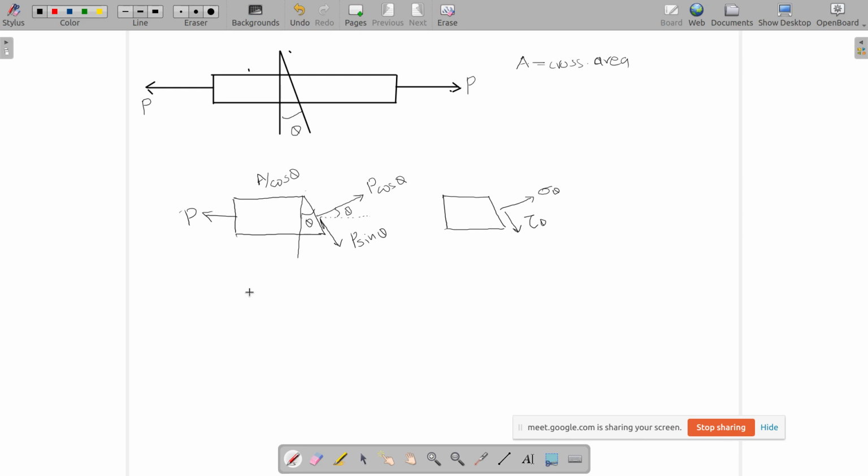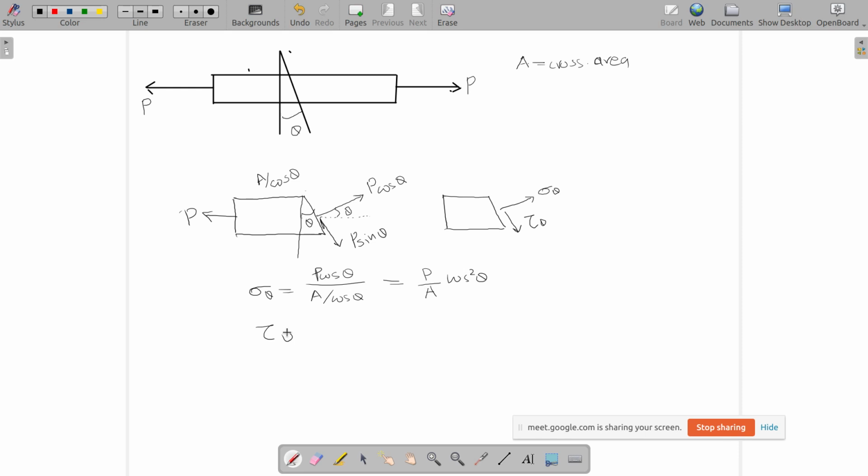Hence, sigma theta will be equal to P cos theta divided by area. Area is nothing but A divided by cos theta, and that will be equal to P by A cos square theta.